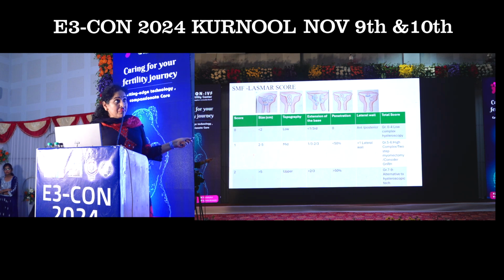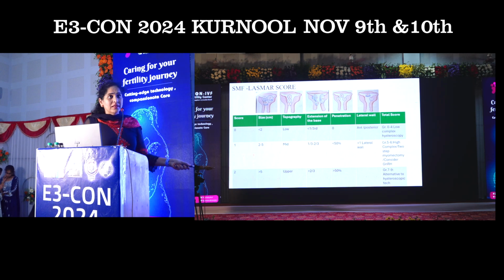And once it is a submucous fibroid, you have to give a Lasmar score. What are these scores intended for? They triage the patients for procedural complexity, whether the patient will go directly for a myomectomy or they will consider GnRH before the surgery.